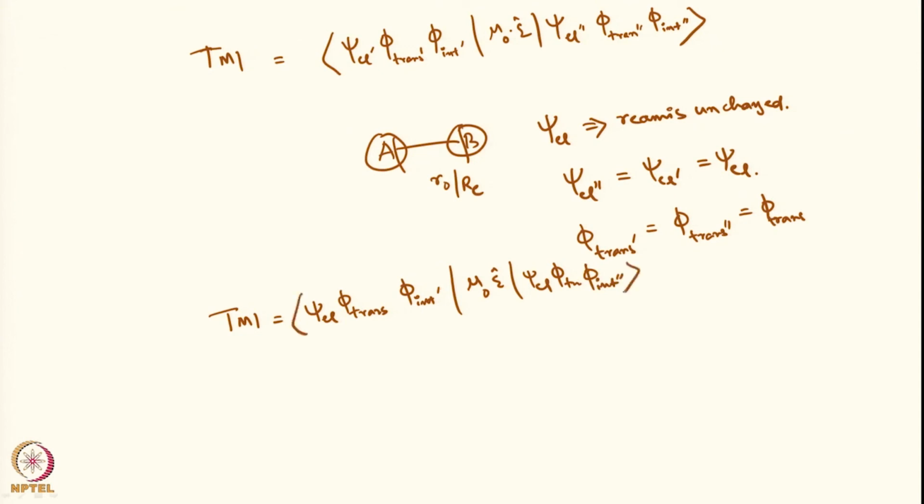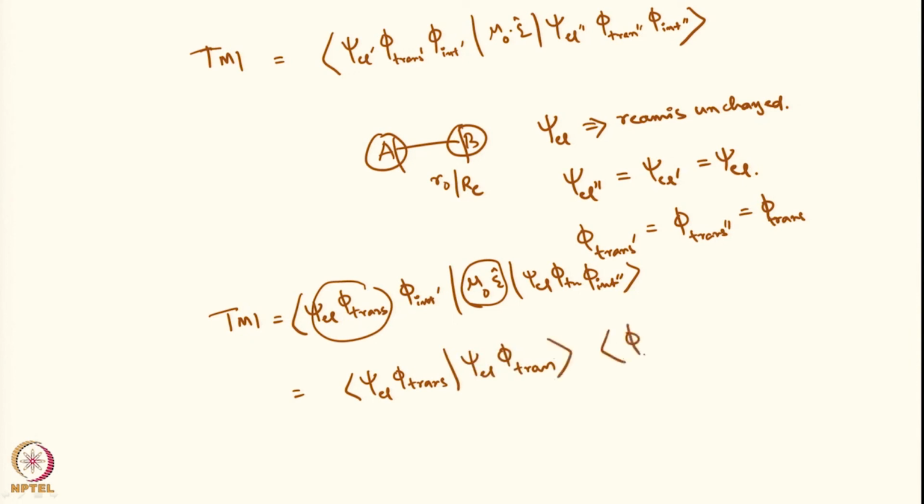So, since the psi electronic and psi trans, these two quantities are not going to depend on this, then I can bring them out. That means I will have psi electronic phi trans and psi electronic phi trans. Okay. Then what I will have is the phi internal mu naught epsilon phi internal double prime.